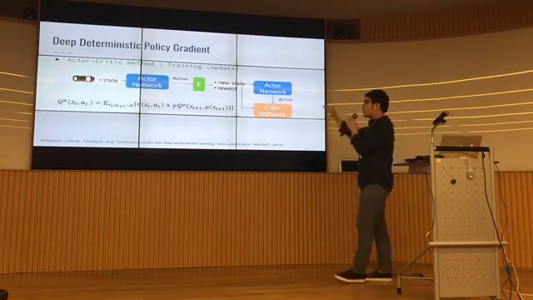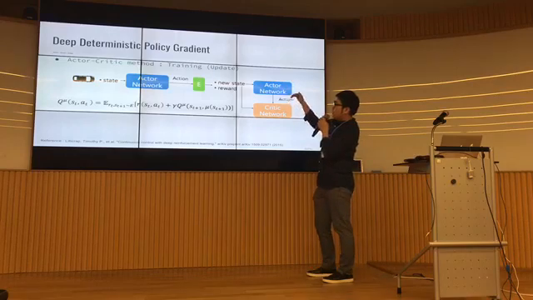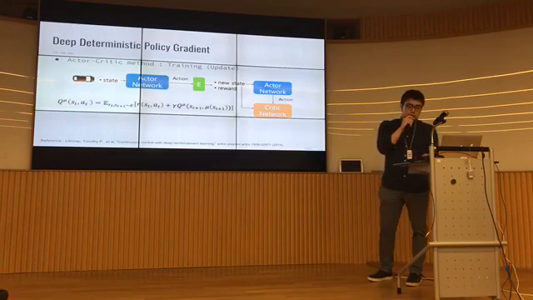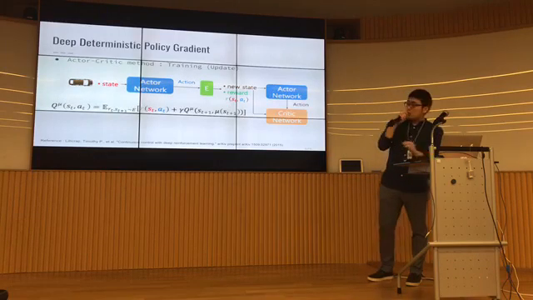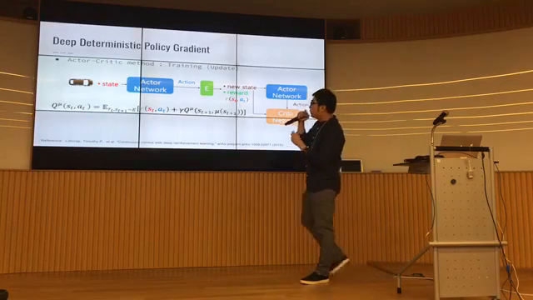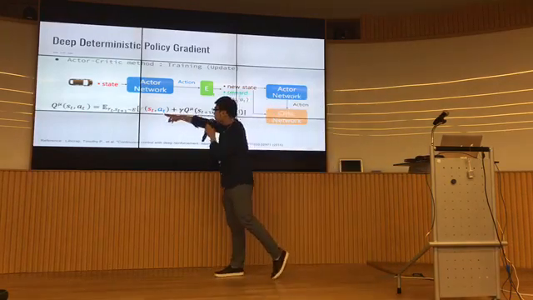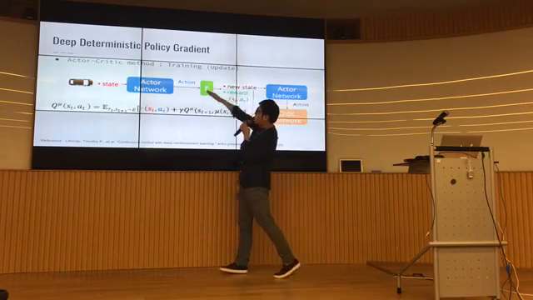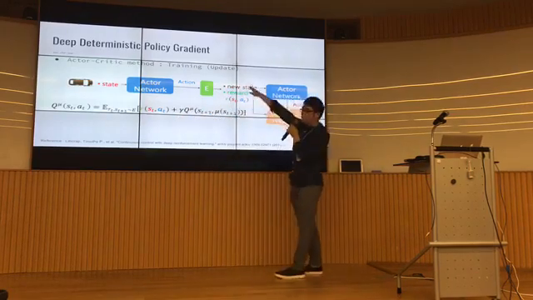This process can be written in mathematical form like this. It looks a little bit complicated, but I matched the colors. The state is red and the action is blue. So the reward is a function of state and action, this part.